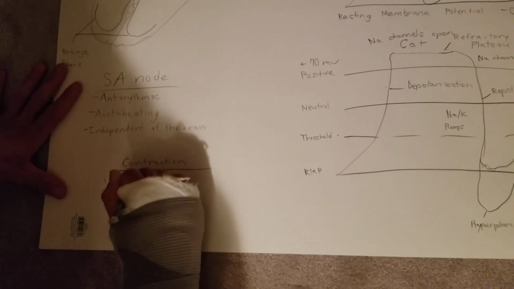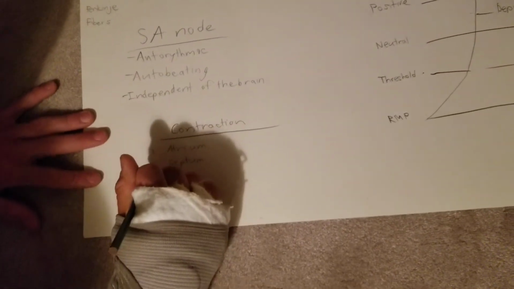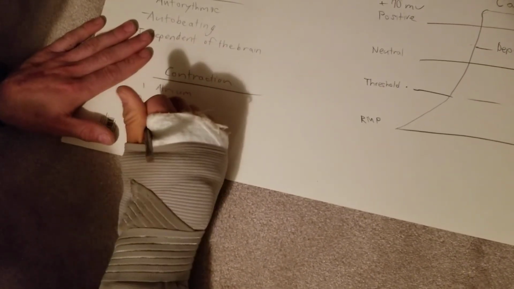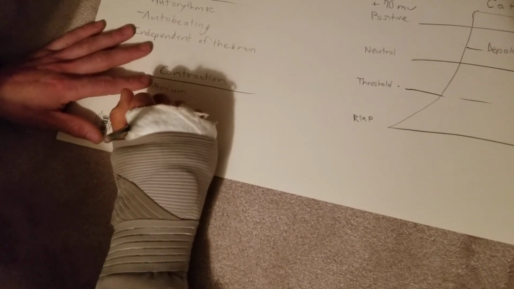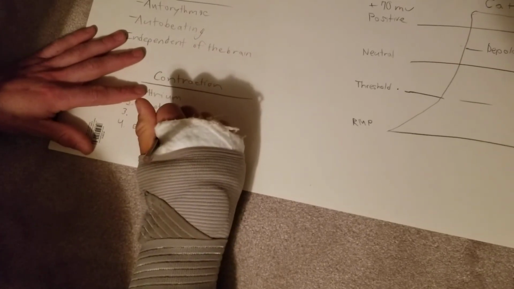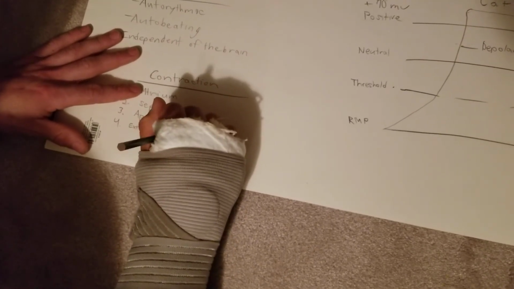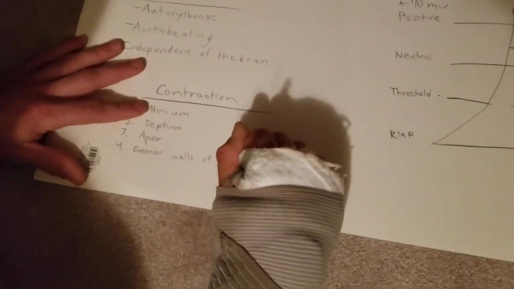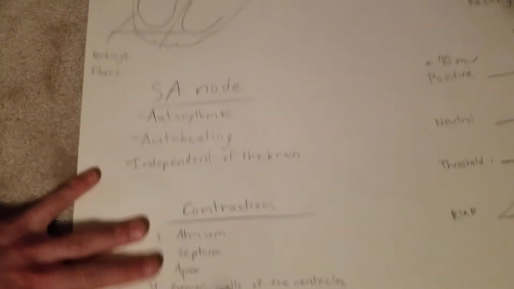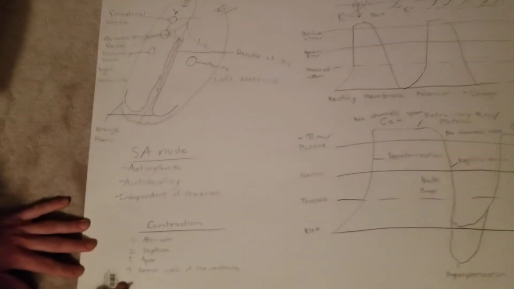Then our septum, and then all the way down to the apex, and then back up the exterior walls of the ventricles. And that is how we have a heartbeat.